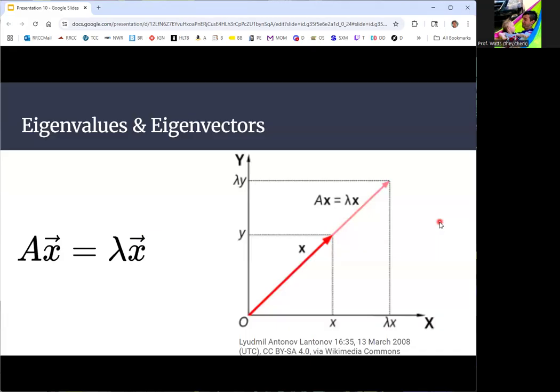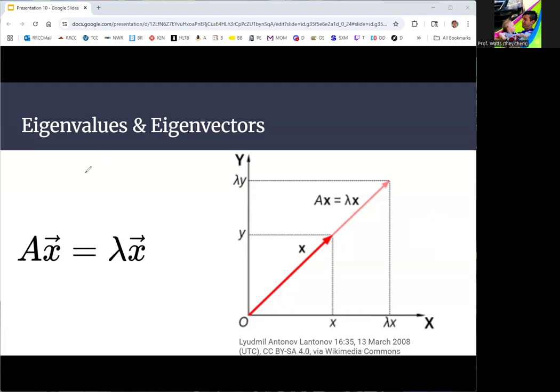The way I think about it is that when a matrix acts on a vector, it gives you another vector. Think of a vector in two dimensions. It has direction and magnitude, so you can represent it by an arrow with a set length and direction. In general, when you operate on a vector with a matrix, you'll get a vector pointing in a different direction.